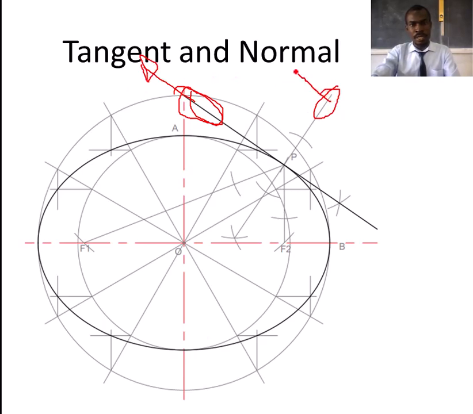Then this line here is what you call the normal. In any construction, the tangent is supposed to be at right angles to the normal. So this angle here is supposed to be 90 degrees. So that's a simple construction on how to make a tangent to an ellipse.